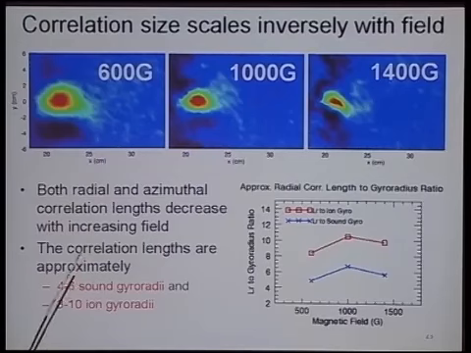So the sound gyro radius tends to be on the order of about half a centimeter. Ion gyro radius is about half that, about 0.25 centimeters. So as you can see, at least the radial correlation lengths tend to be about 4 to 6 for sound gyro radii, 8 to 10 for ion, and so it's about that value in azimuthal correlation length as well.